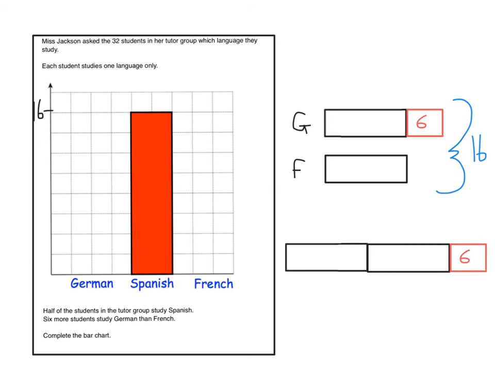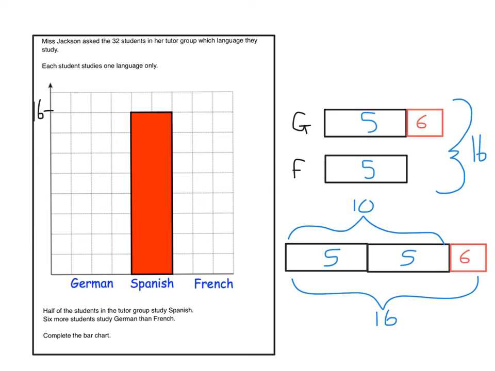And I know that this all comes to 16, which means that this bit here must just be 16 take away 6 is 10, and then 10 divided by 2 is 5. So each of the black boxes is 5. So that means French is 5, and German is 11.